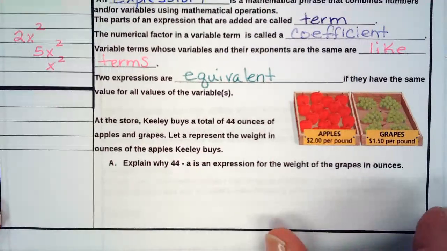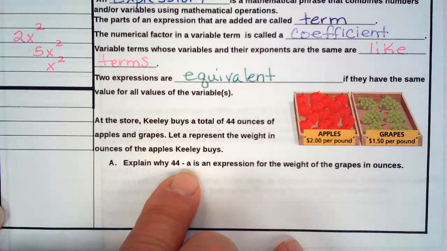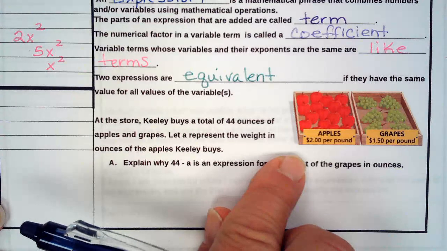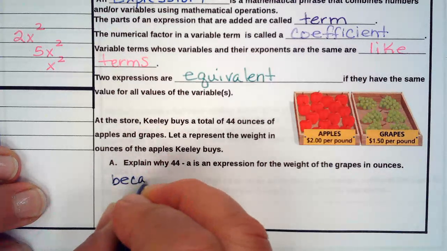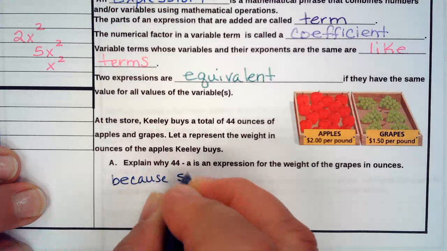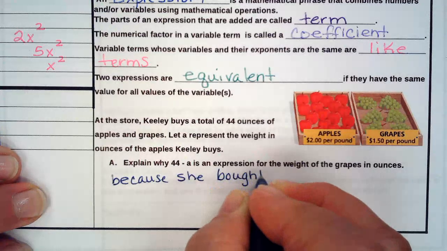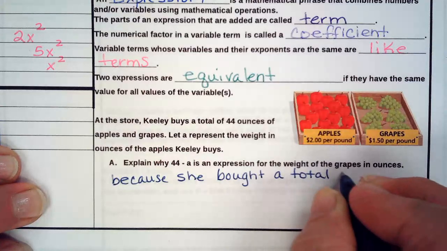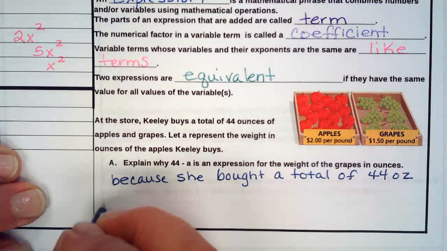Well, because 44 is the total amount she bought, minus A, which is the weight of the apples she bought, and that would leave you with the amount of ounces left over for the grapes. Because she bought a total of 44 ounces of fruit.